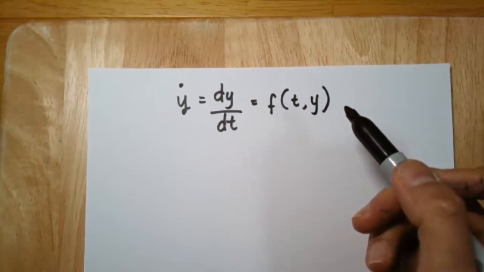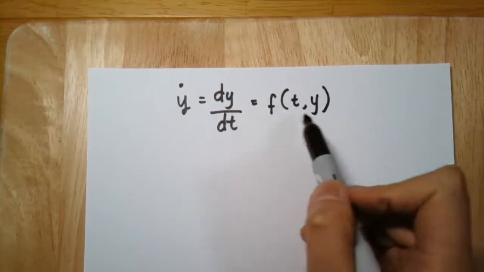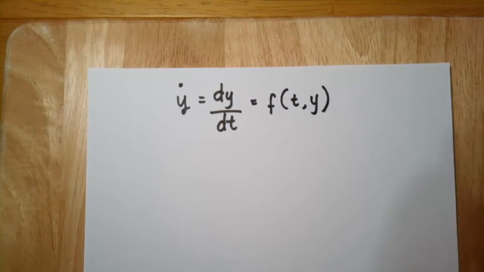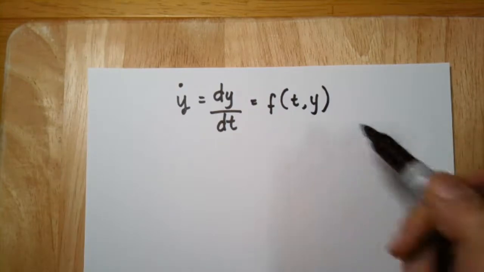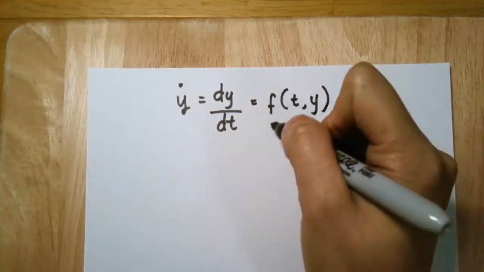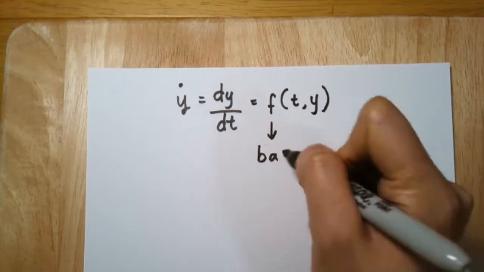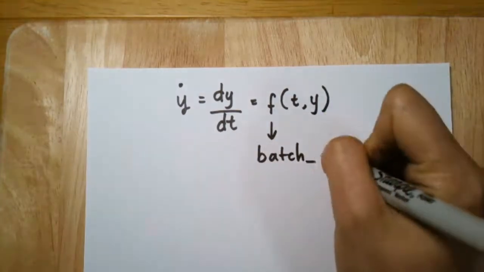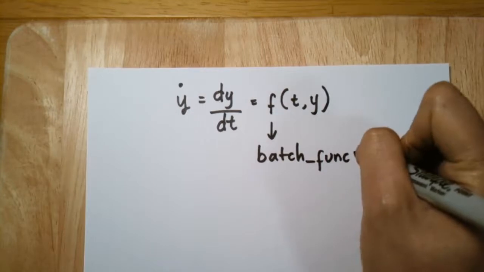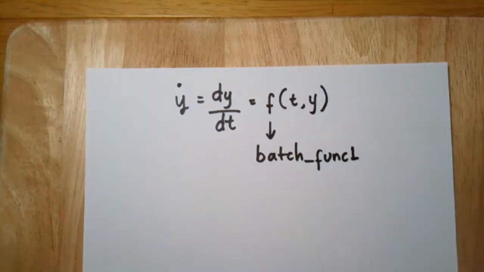So we need to define the function f and pass it to ODE45 to solve. Our function was called batch_func1 and returned f as the variable c dot.